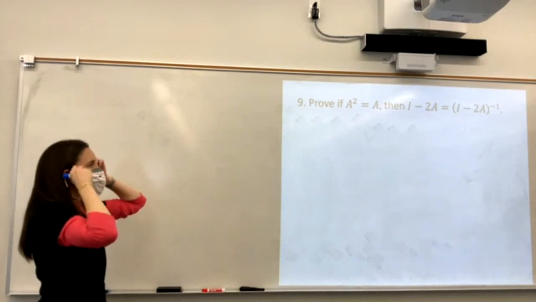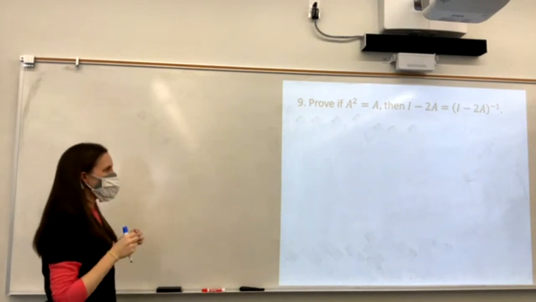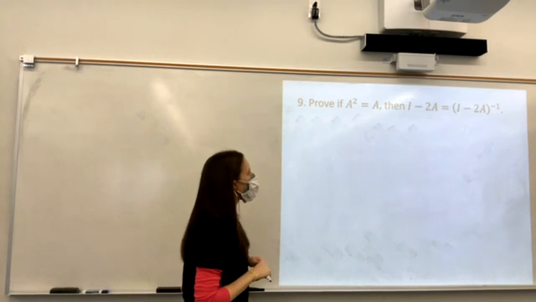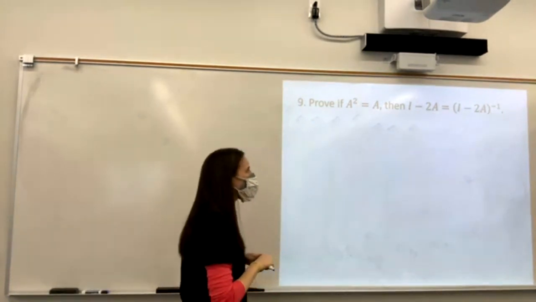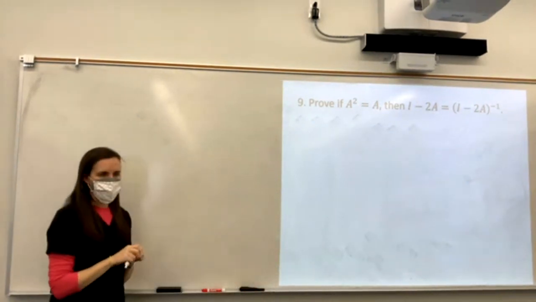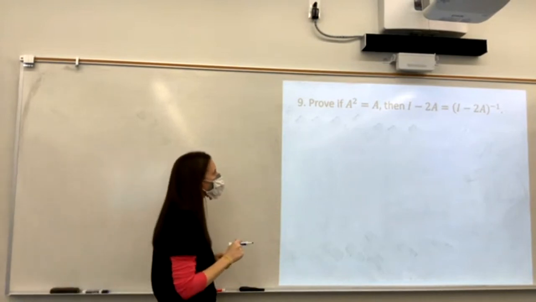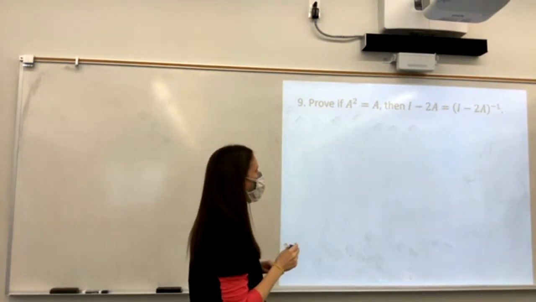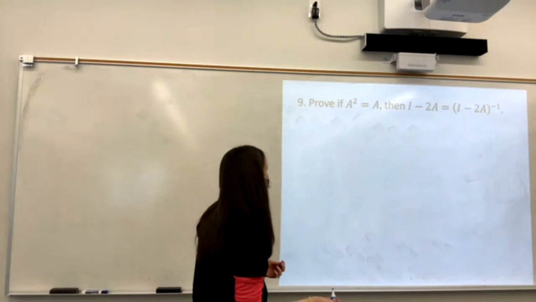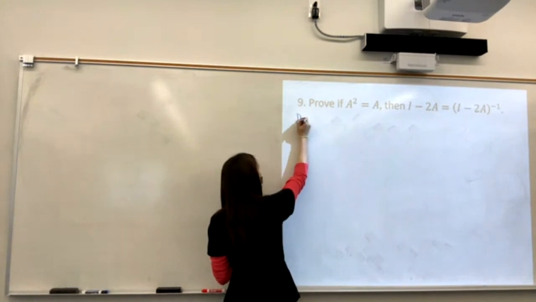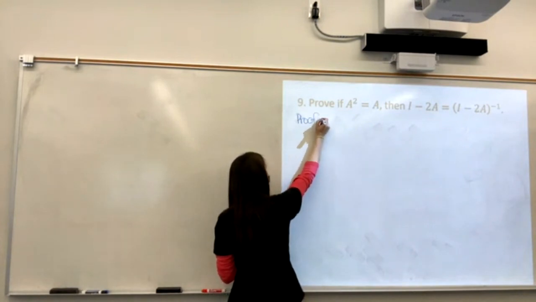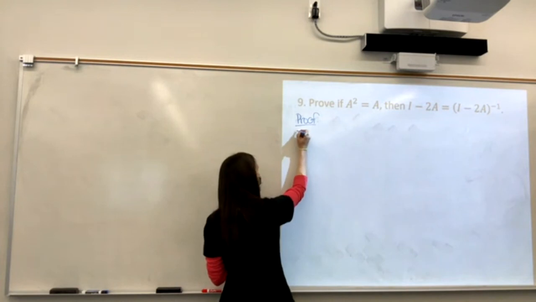Okay, so the first one is this. Prove that if A squared equals A, then I minus 2A is its own inverse. So here's our proof. We want to start our proof with the word proof.